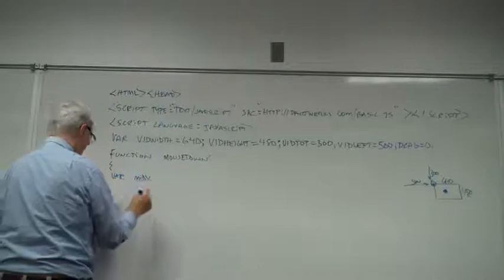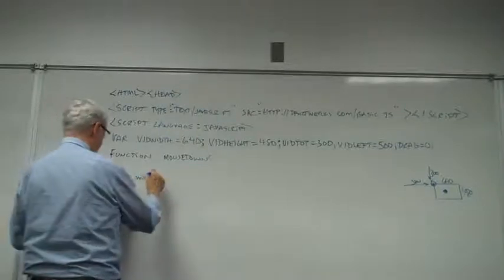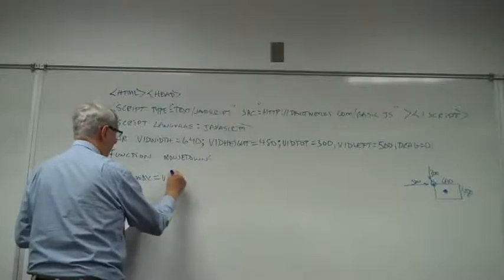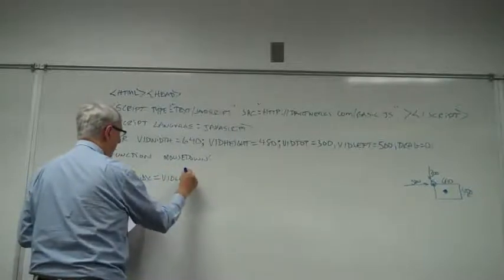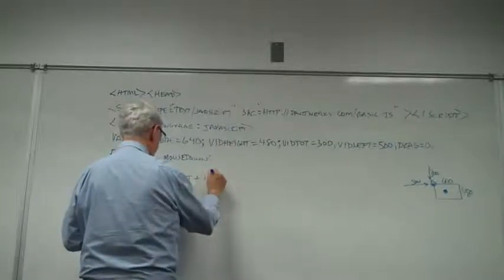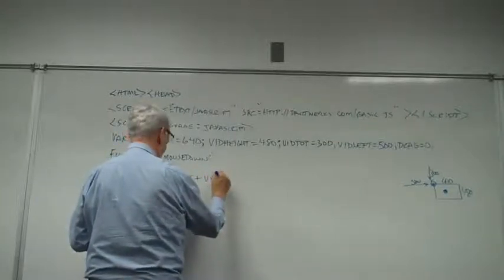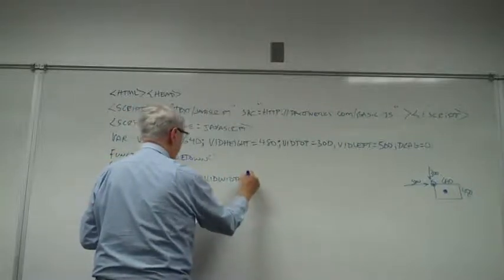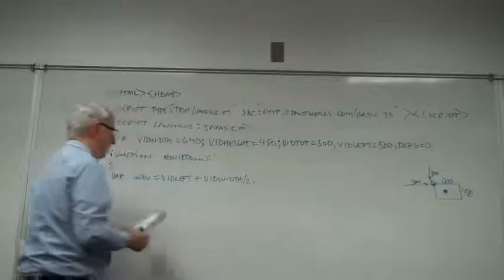This is actually a slow way of doing it, but it's clearer than the other ways. And then I say vidLeft plus vidWidth divided by 2.